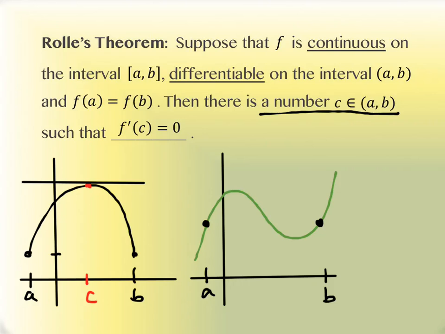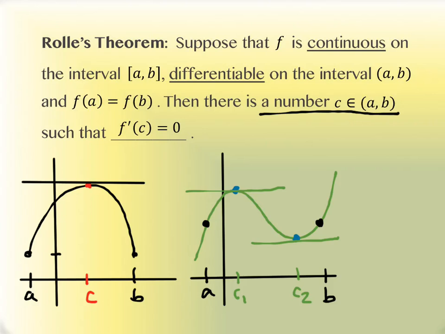We've got a maximum and a minimum in this graph. Right here at the top and right here at the bottom, visually, we have a slope of 0 at each of those places. So we could actually say that there are 2 c values, a c1 and a c2, for which it happens in this graph. Does that make sense? This theorem doesn't say there's only one place where this would happen. You could almost say it's saying there's at least one spot where I've got a slope of 0.